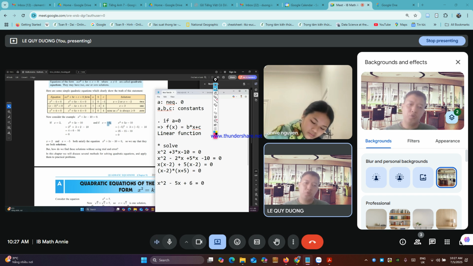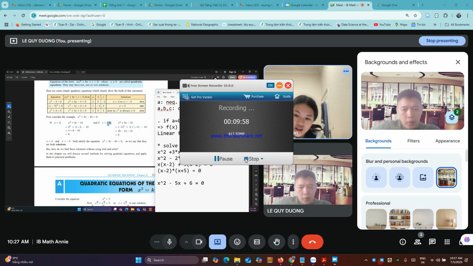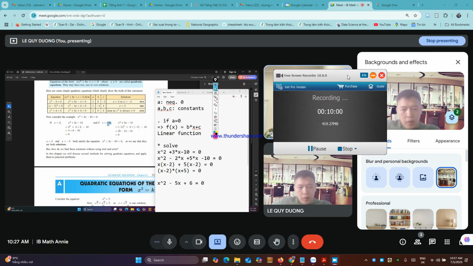Can you solve it without much knowledge of quadratic equations? This is solving by hand, so the two solutions are x equals 3 or x equals 2.